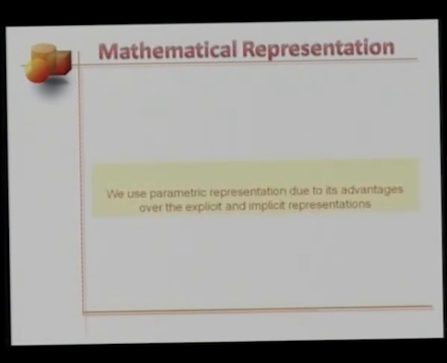Bottom line, we prefer to use parametric representation due to its advantages over the explicit and implicit representations. Number one. Number two, we prefer to use low degree curves to minimize unwanted oscillations.